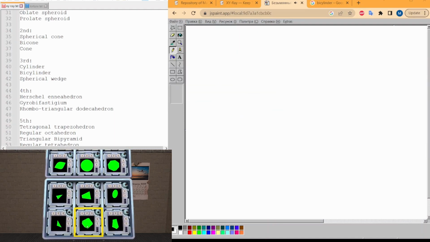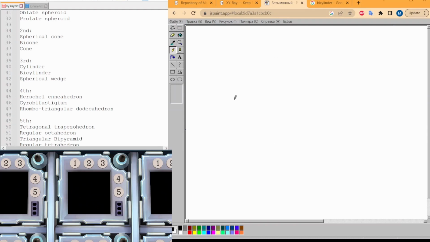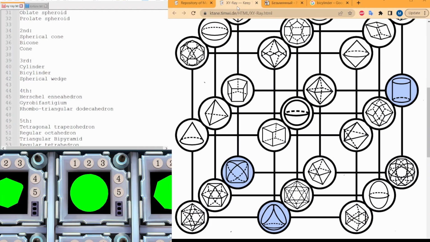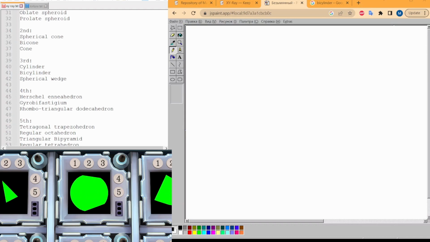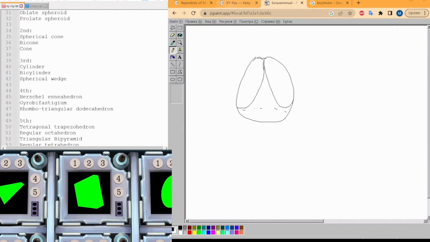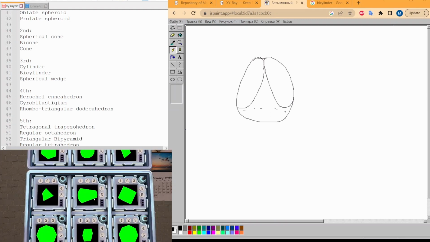Let's take a look at the spherical wedge. So, how do I draw it? Okay, I'll be back right in a moment. Something like that. So, for the spherical wedge, it's going to be always two lines, like that. You can see at first there were no lines, which means the scanner came somewhere where the section is not present.